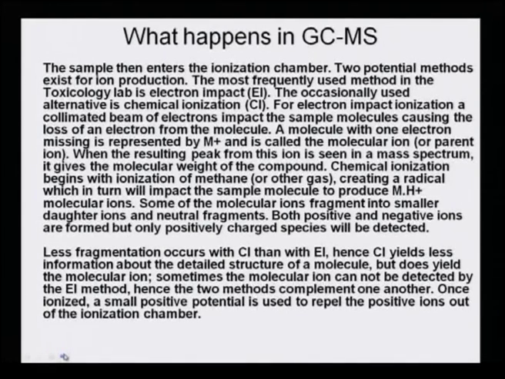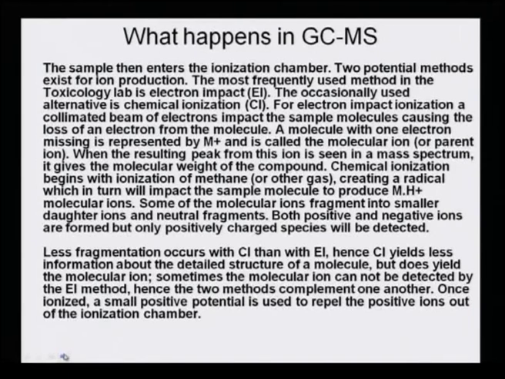Two potential methods exist for ion production. The most frequently used method in the toxicological laboratories is the electron impact. The toxicological laboratories use the electron impact method more prevalently. The occasionally used alternative is the chemical ionization, or the CI method.